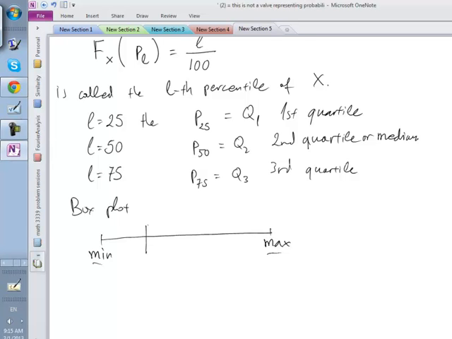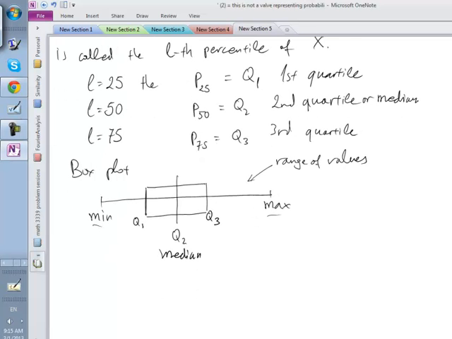And then we plot the values. We put the box so that somewhere here we put Q2, the median. Here we put Q3, and here we put Q1. And the straight line is the range of values. That's what it depicts.